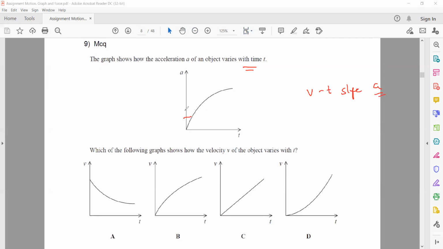As you can see, the acceleration value on the y-axis is increasing, so it means the slope should increase. In this graph the slope is decreasing, in this one the slope is decreasing, here the slope is constant, and for D the slope is increasing. That's why the acceleration is increasing. So D will be the right answer for this.